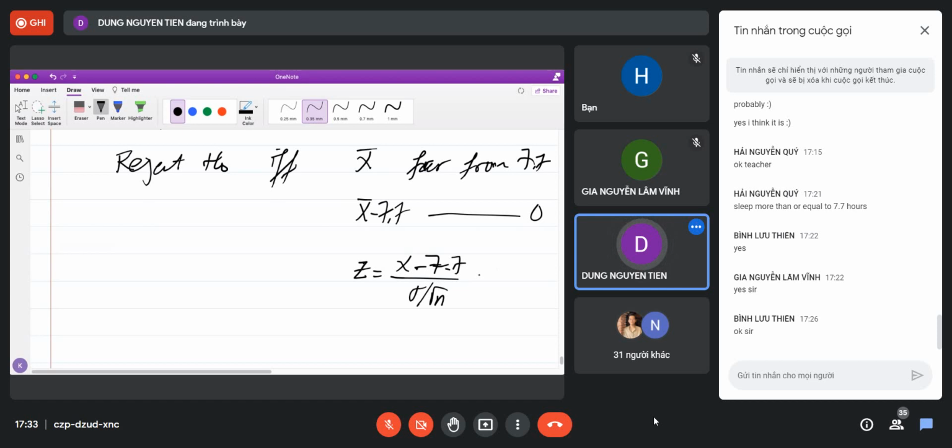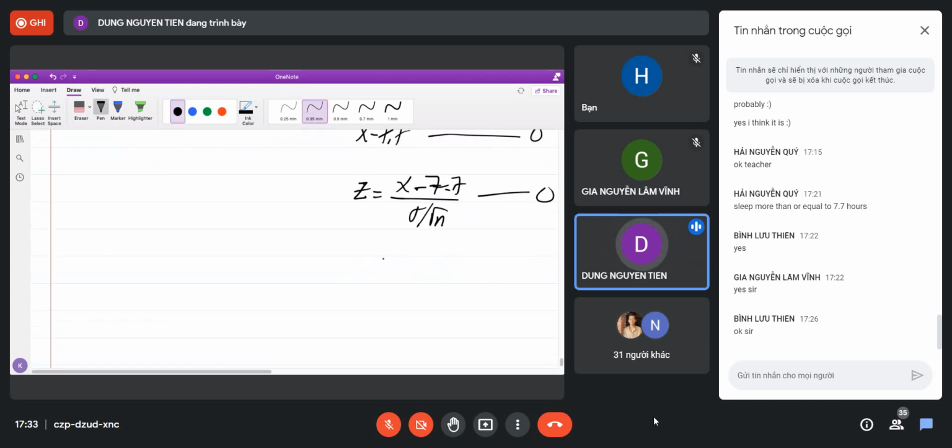It is far from 0 if Z is less than minus C, or Z is more than C.